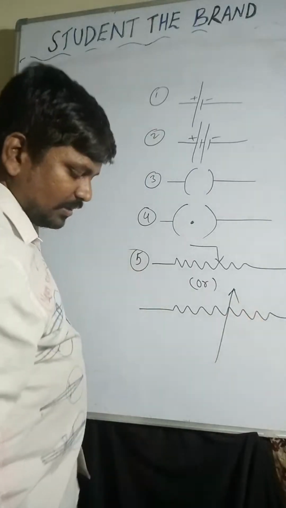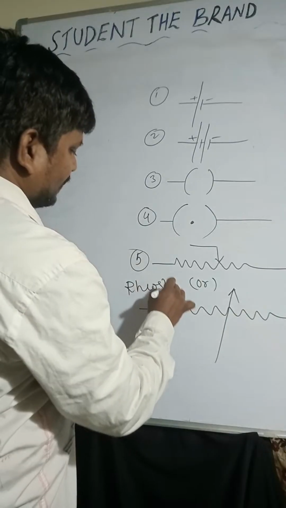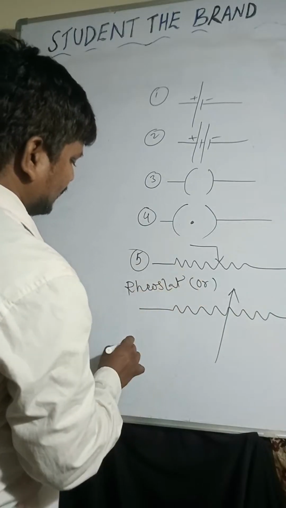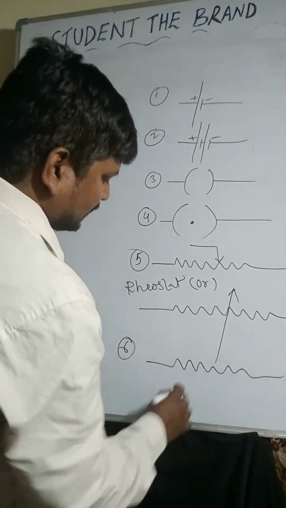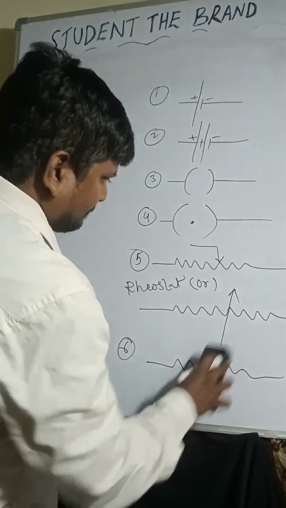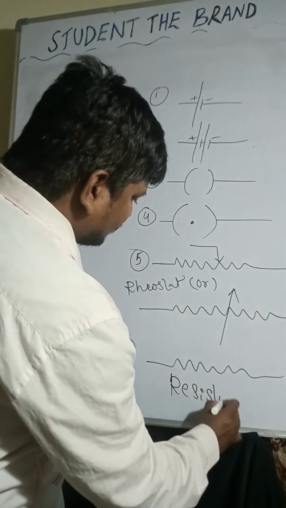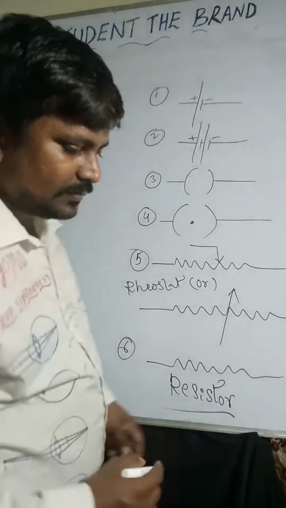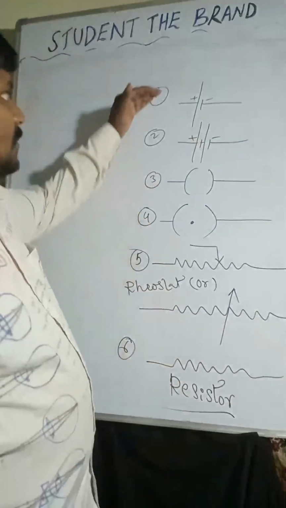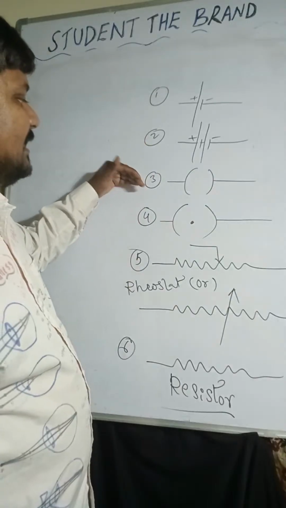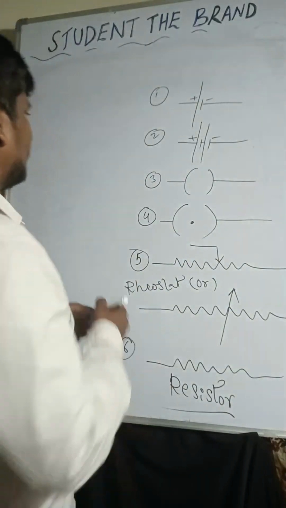Sorry, restart. The sixth one is the resistor. So: cell, battery, switch, open switch, closed switch, rheostat, resistor.